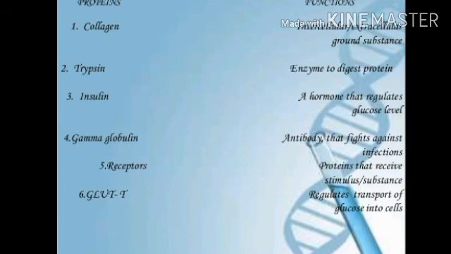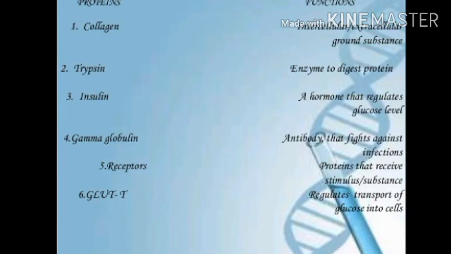Insulin converts glucose into glycogen in storage form and reduces the glucose level in blood. Gamma globulin: these protein molecules help to fight against microbes by forming antibodies.